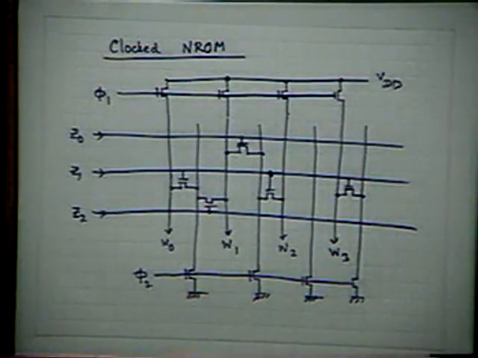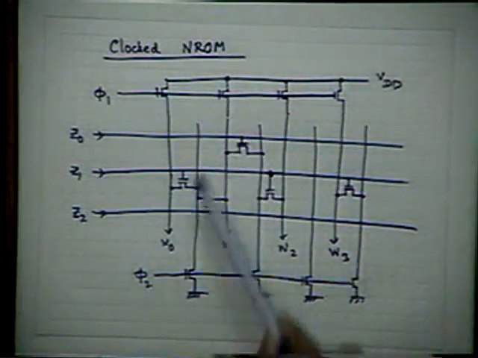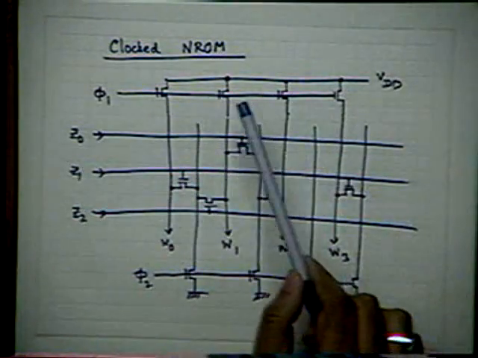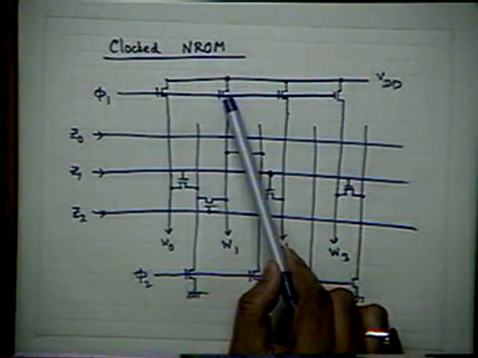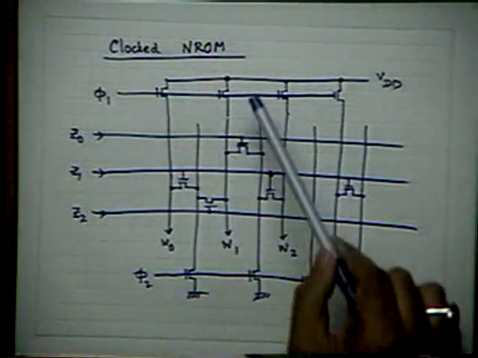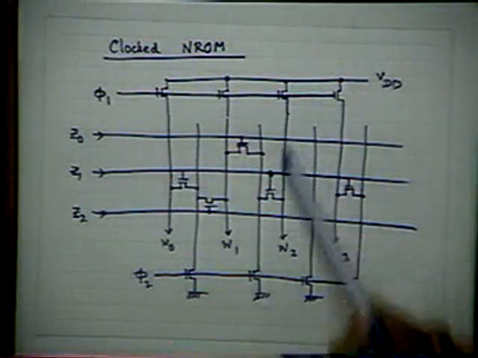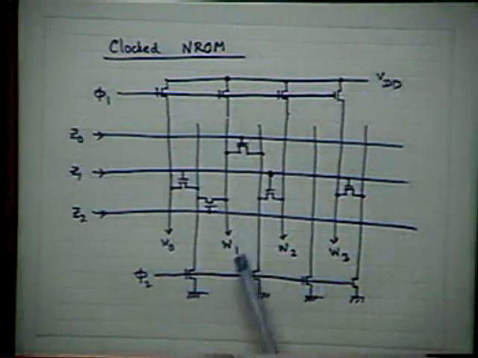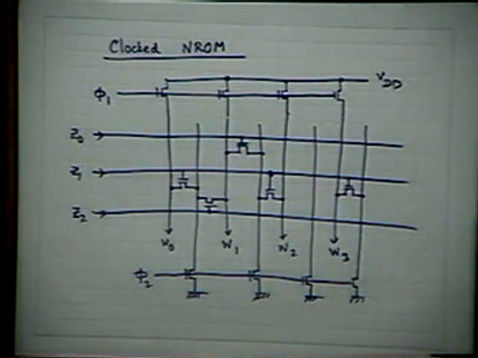As you have seen earlier, it is equivalent to distribution of ground lines. What I have done is nothing but the so-called clocked ones. This phi 1 set of transistors is used for precharging the output nodes, the so-called bit lines. And phi 2 is used for evaluation purpose.